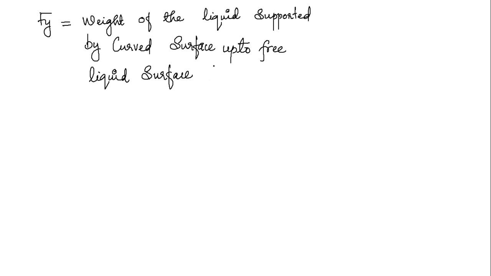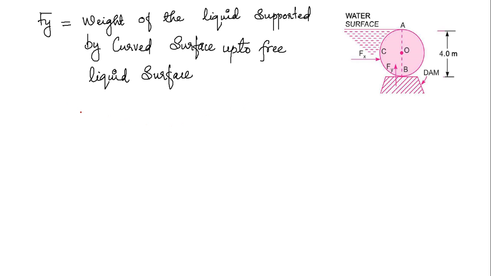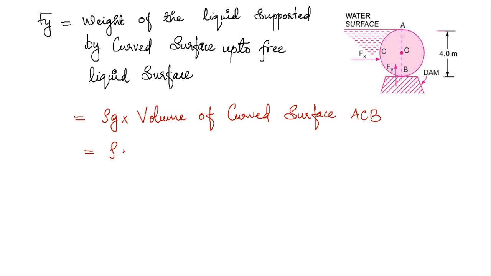weight of the liquid supported by the curved surface up to the free liquid surface. So here in this case, weight will be equal to rho g into volume of the curved surface. So volume of this curved surface will be equal to area of this curved surface into length of the curved surface.